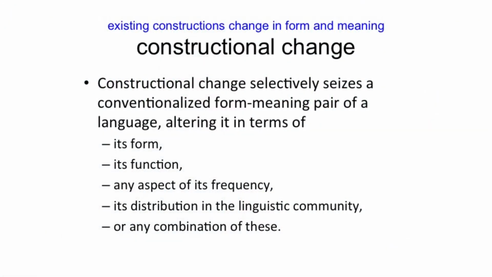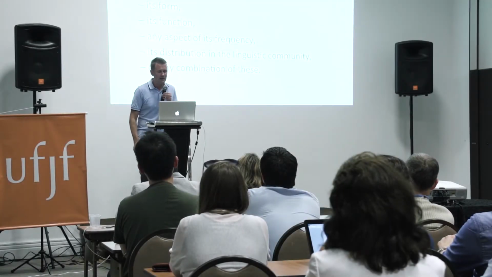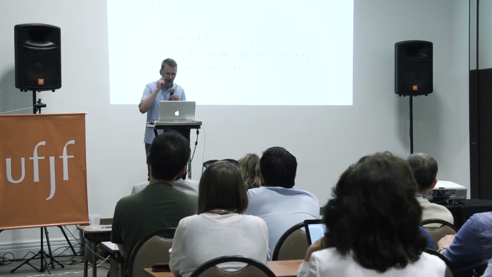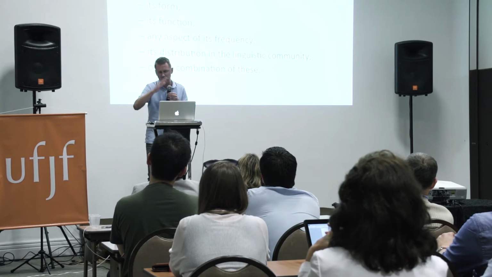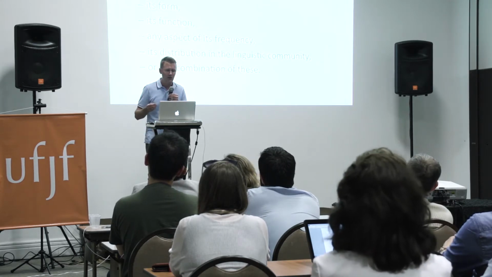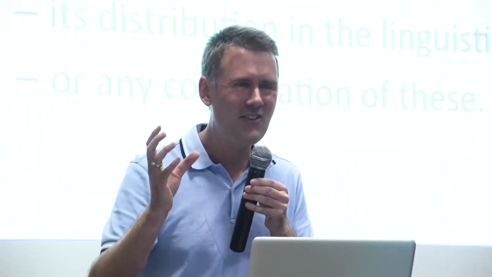So when changes happen to existing constructions in the network, the term constructional change has often been used to capture the processes that can affect existing constructions. And the definition you see here is one that I came up with. So I view this process, or this bundle of processes, really as what happens when a construction is selectively singled out. Yeah?